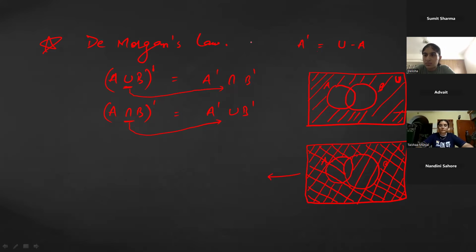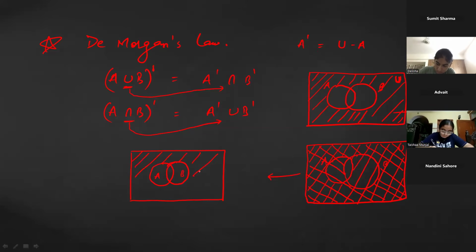So double shading you can see here in this region, all the region except A and B. If this is A, this is B, so the double shading is in this region only, right? So now you can see these both are equal to each other, right?